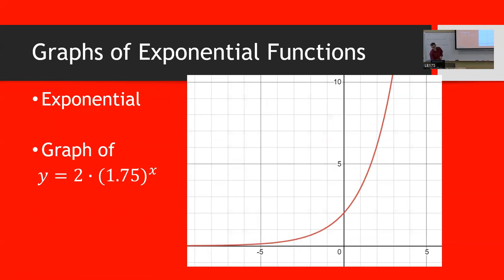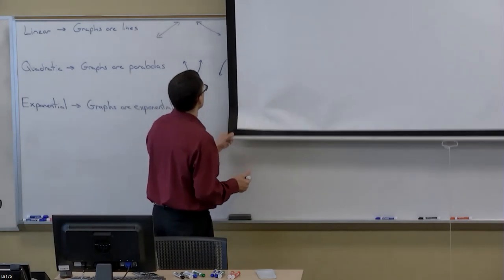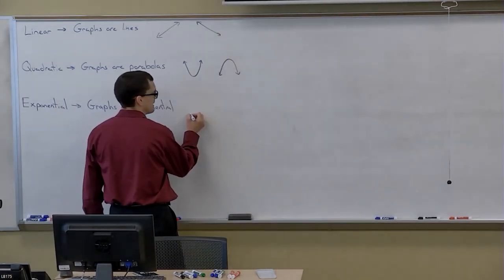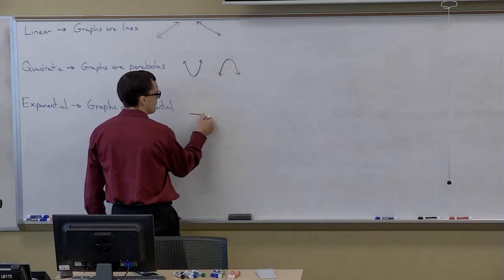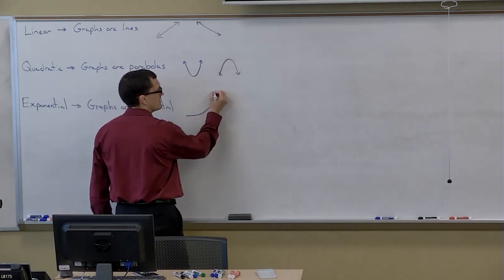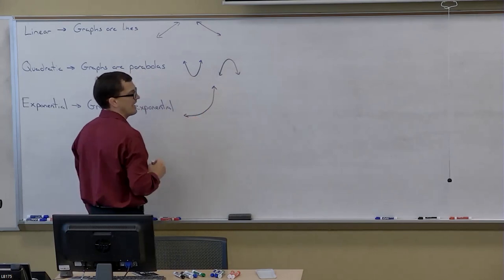So the exponential graphs start out pretty flat, sort of slow growth, and then all of a sudden, they do that.